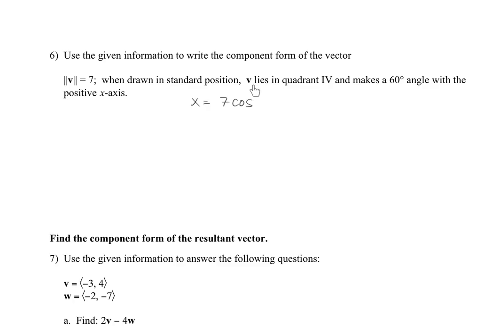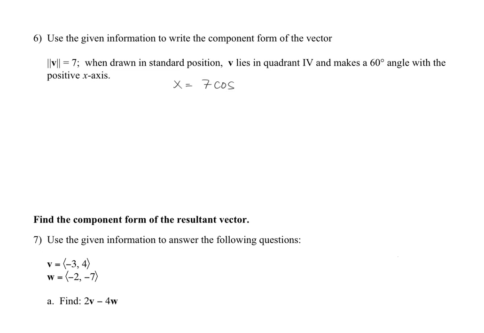So this vector v lies in quadrant 4, and it makes a 60-degree angle with the positive x-axis. So we can either write that angle as -60, or as 300 degrees. I'm going to write it as 300 degrees. So then the vertical component is going to be 7 times the sine of 300 degrees.